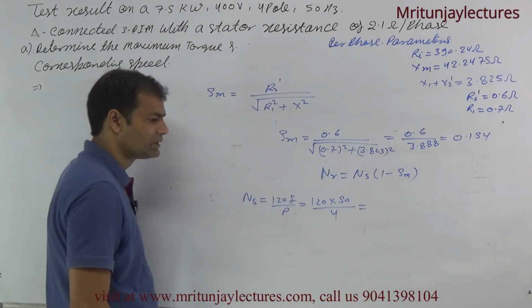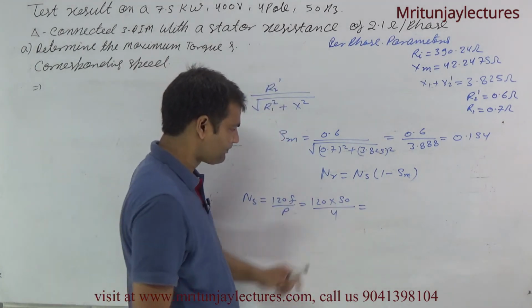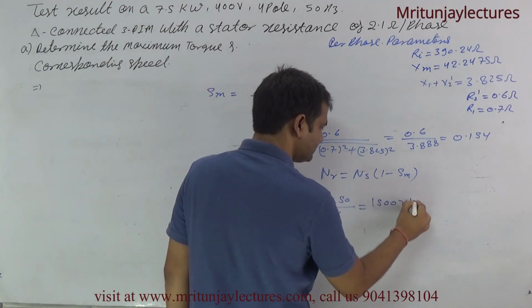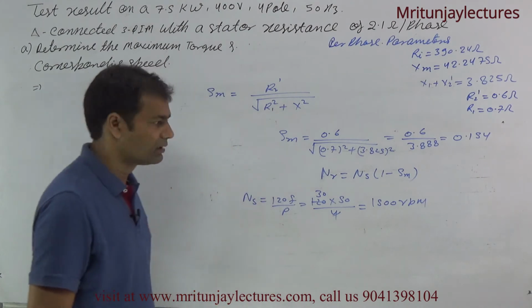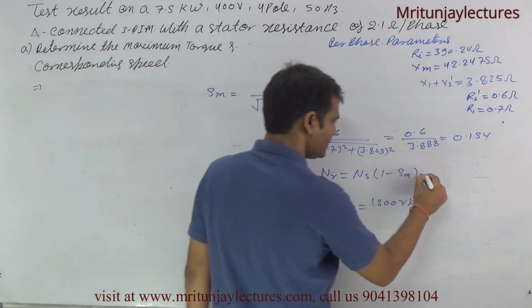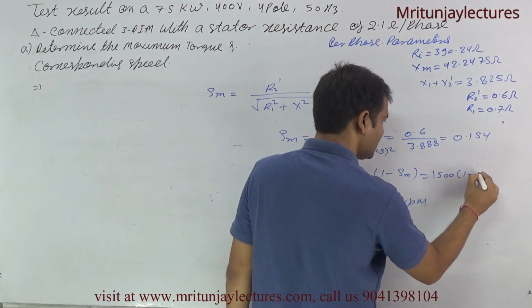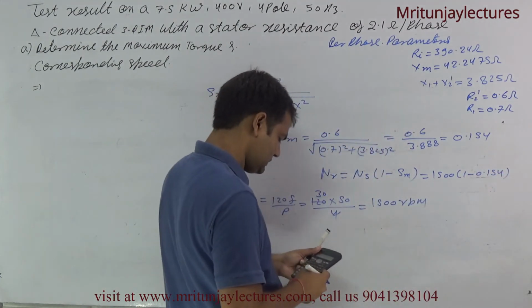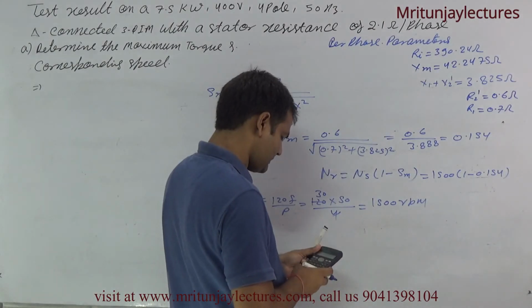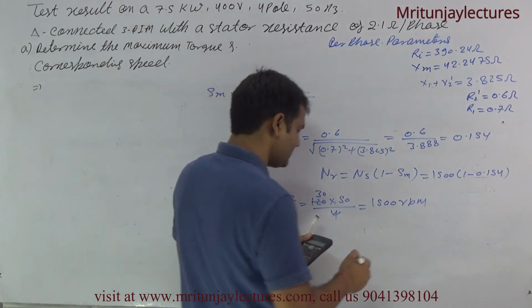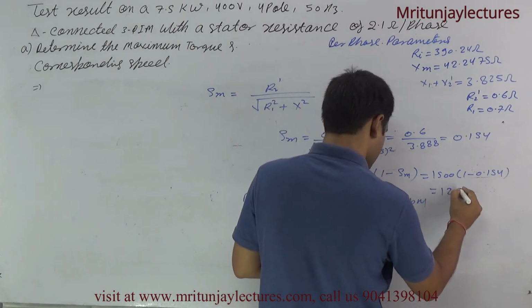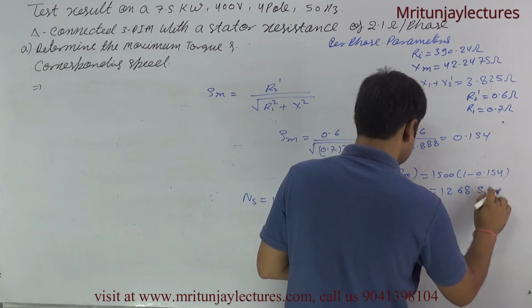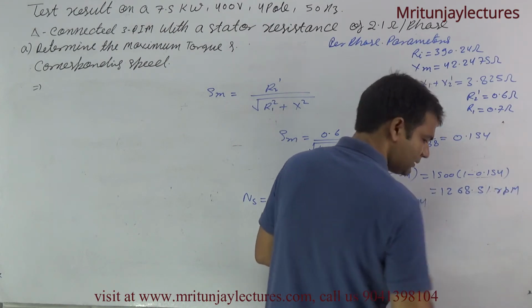Finally we got 1500 rpm. So 1500 rpm into 1 minus 0.154, finally we got 1268.51 rpm. Clear?